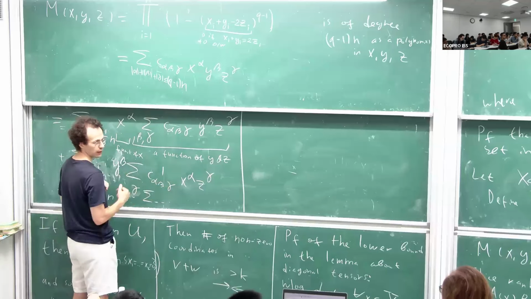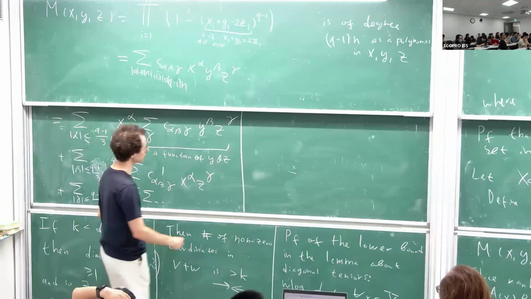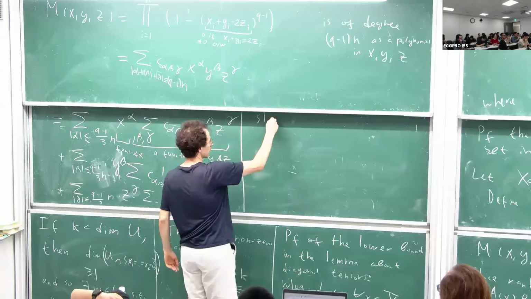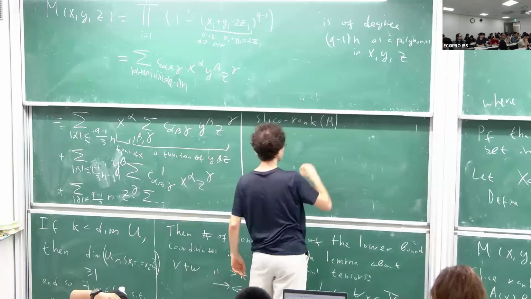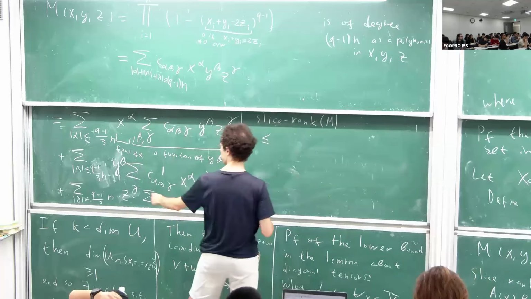So what's the conclusion? The conclusion is that the slice rank of the tensor M is upper bounded by simply the number of summands here.